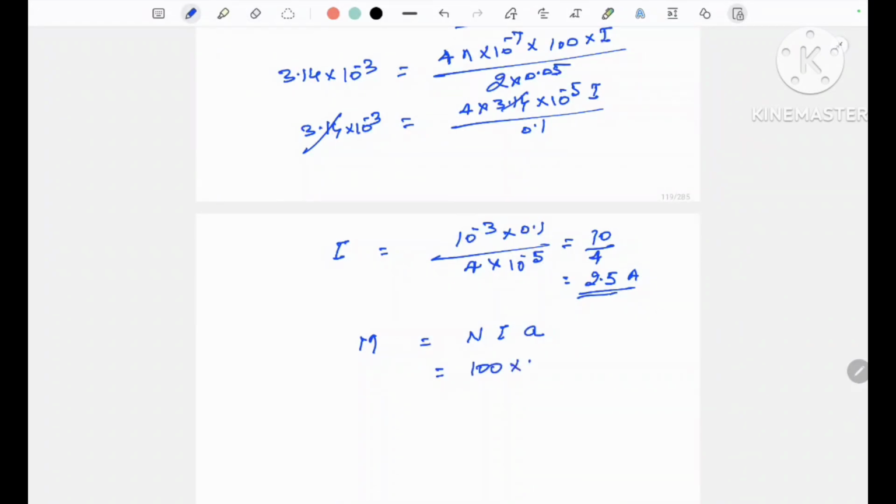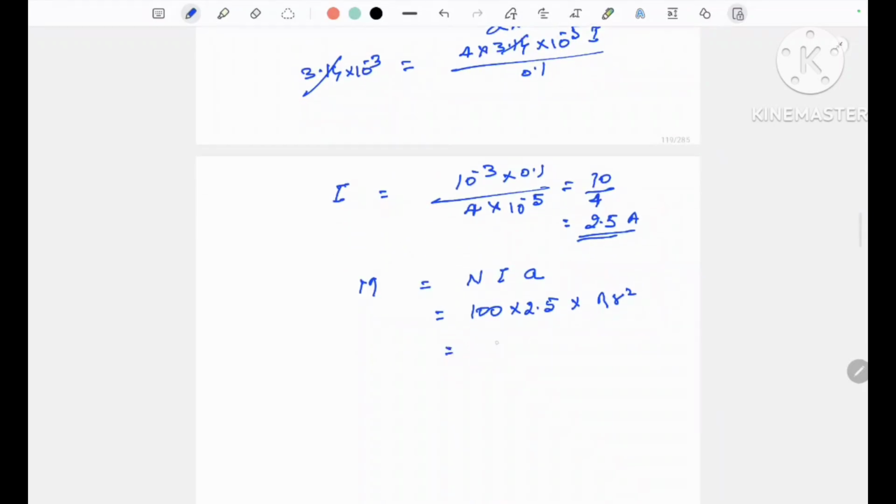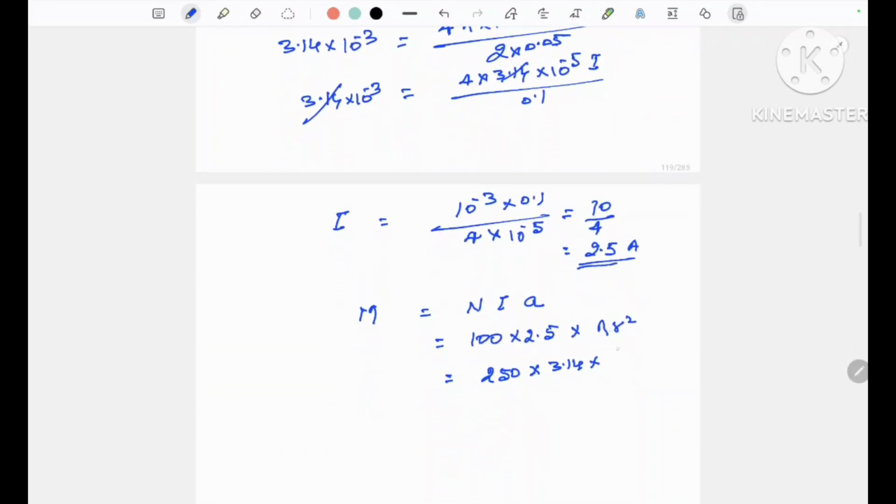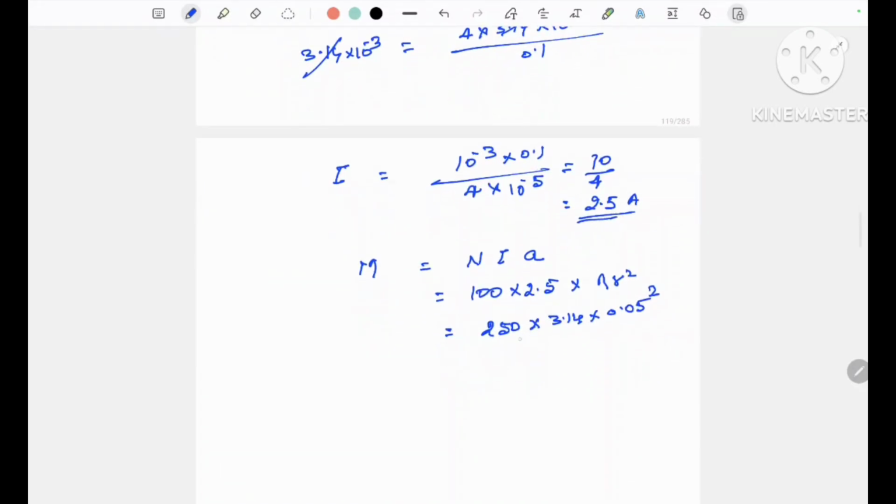N is 100, I is 2.5 and pi r square. 250 into 3.14 into r is 0.05 का स्क्वायर. 250 into 3.14 into 25 into 10 to the power minus 4. 6250 into 3.14 into 10 to the power minus 4.